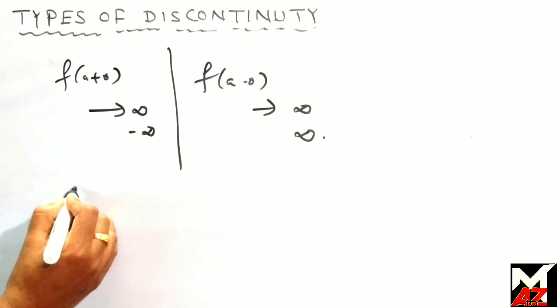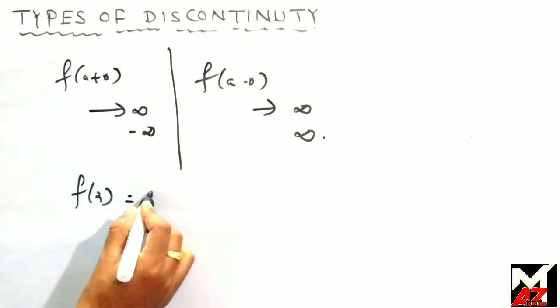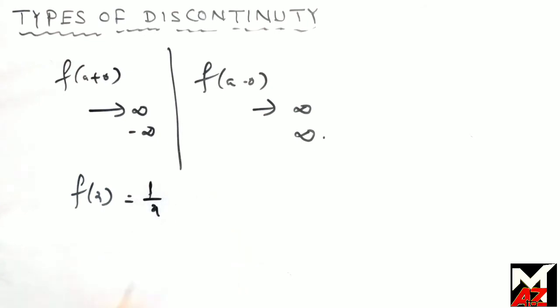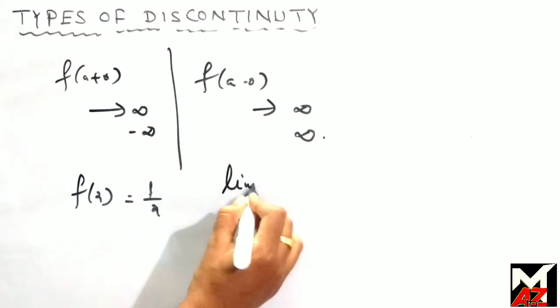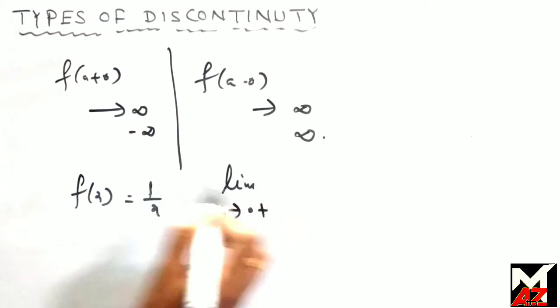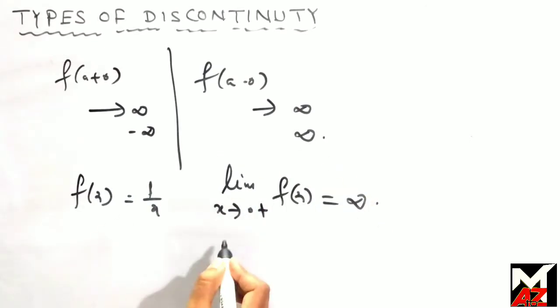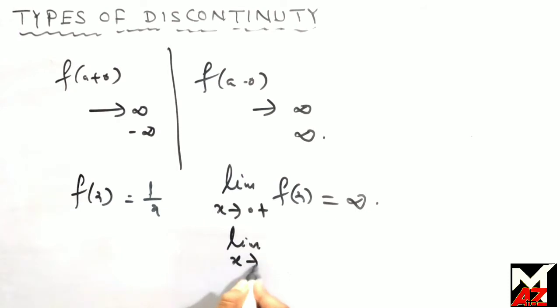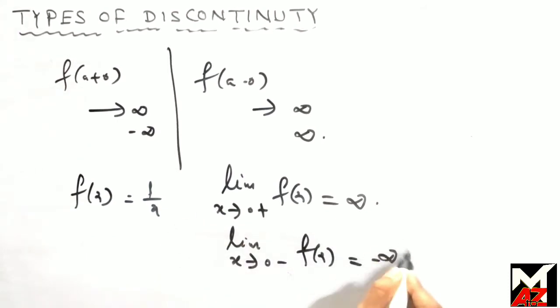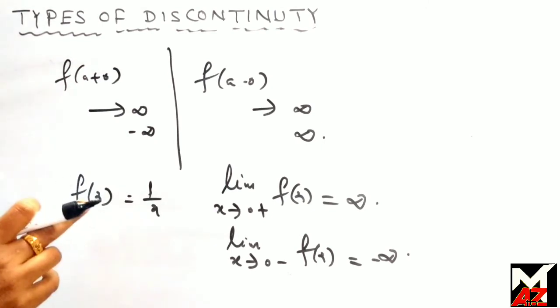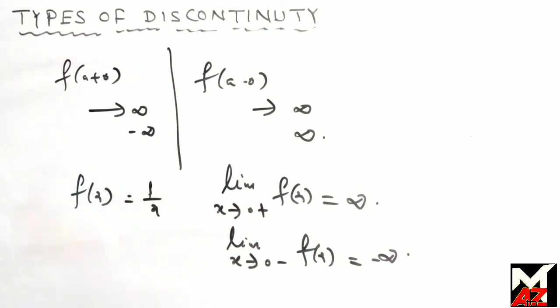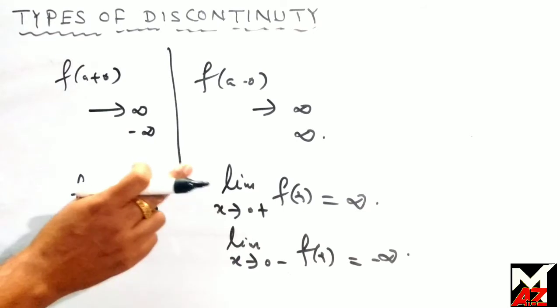If we take f(x) equal to 1/x, then the limit as x tends to 0 plus of f(x) is infinity, and the limit as x tends to 0 minus is minus infinity, so this function has infinite discontinuity from the left and from the right.